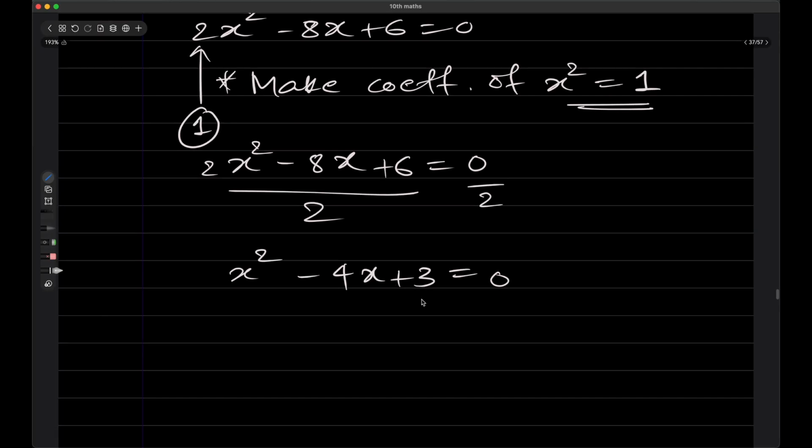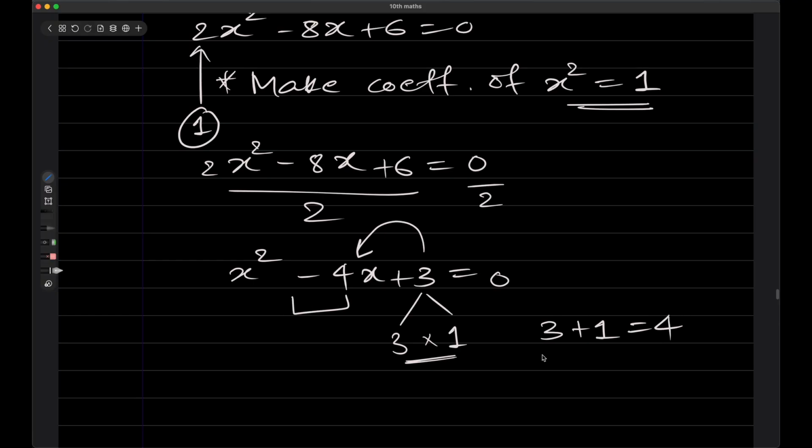Now we will factorize this constant term into a form such that it makes the 4 by addition or subtraction. We can get 3 by 3 into 1, and if we add 3 plus 1, we get 4.